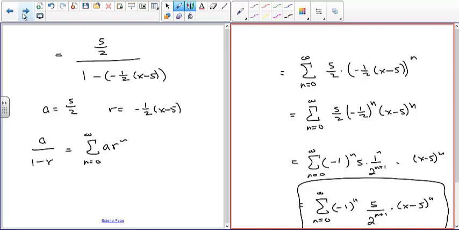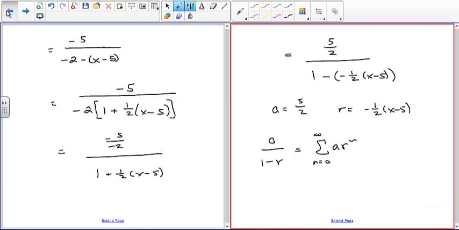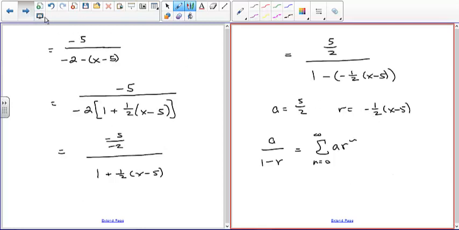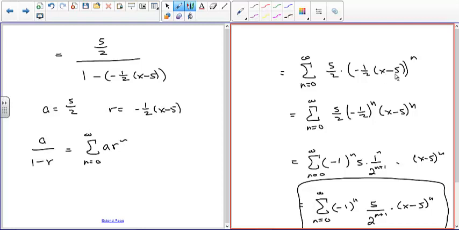Could be a trig function, could be e to the x, could be just a rational function. And then finally is to use this geometric series approach to take something like this and convert it into a over 1 minus r, and then go back one step to then predict what the series would have to be to get that result, and then do some simplification here to get to the final answer.